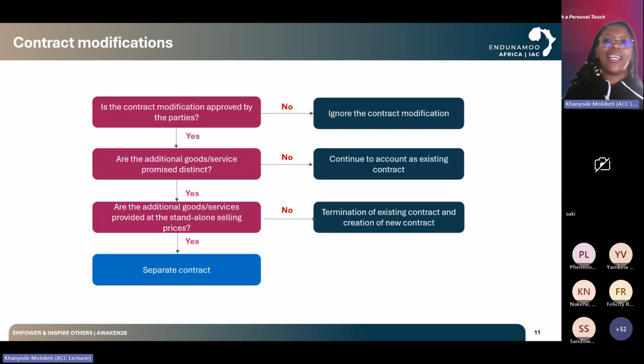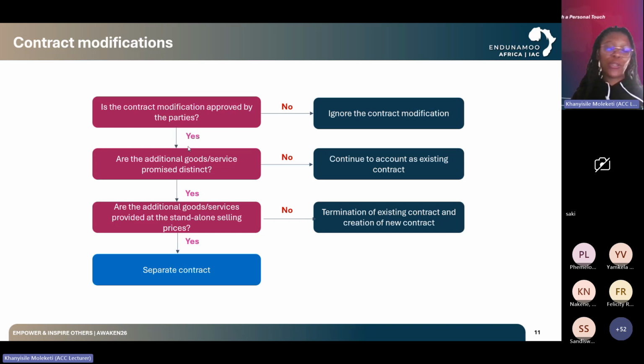Apologies for that. Okay, so the first part that I was talking about: this is the decision tree I was talking about all along. Going all the way straight down the decision tree is where we get to a separate contract.